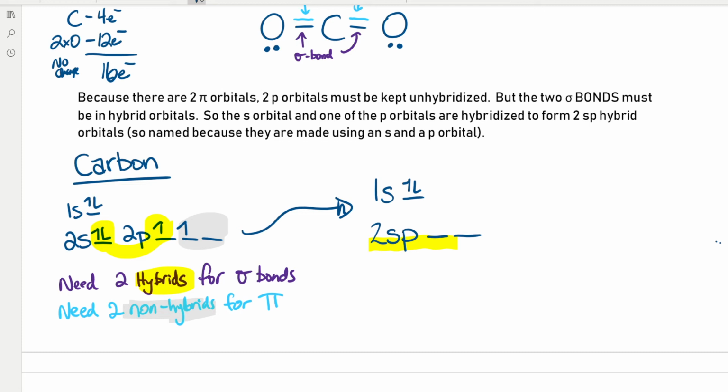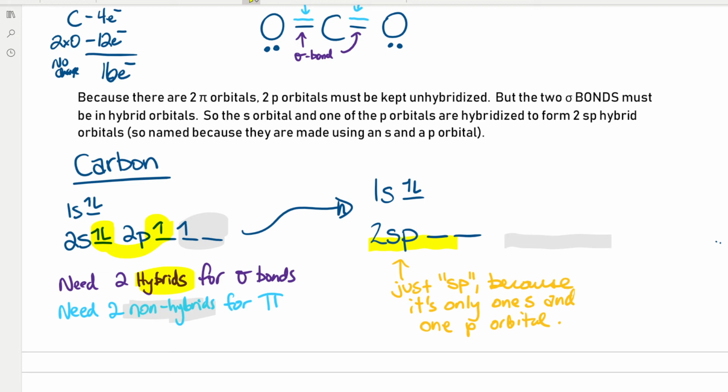So we just call it an sp hybrid, not sp2, not sp3, just sp, because it's only 1s and 1p orbital. And we still have the 2p orbitals unchanged.